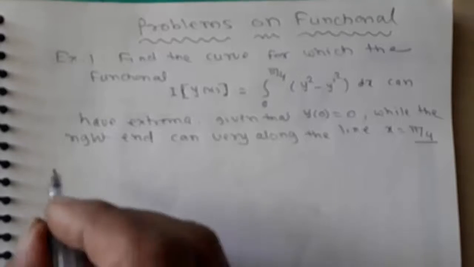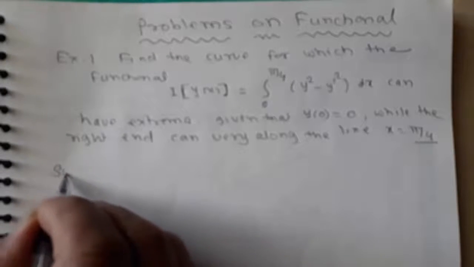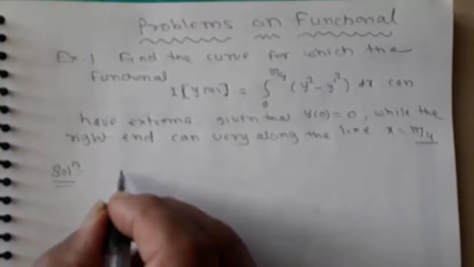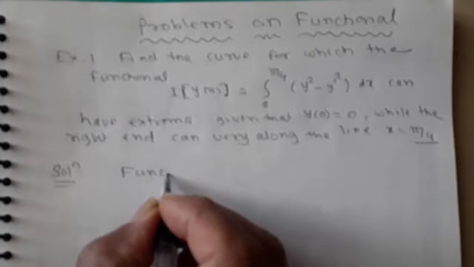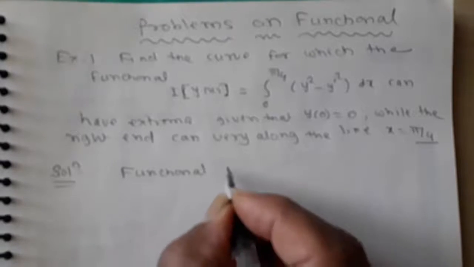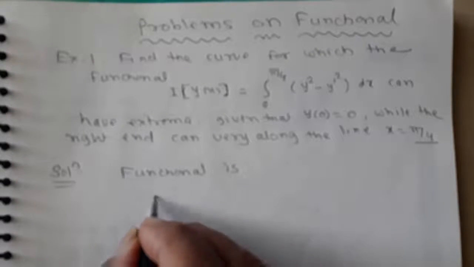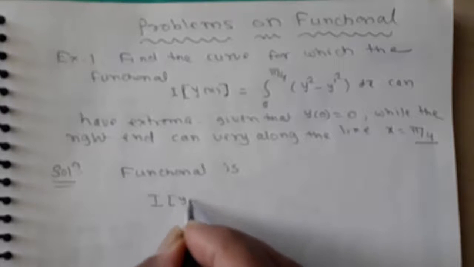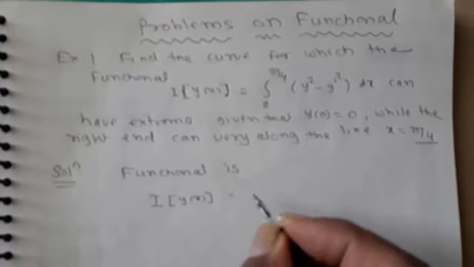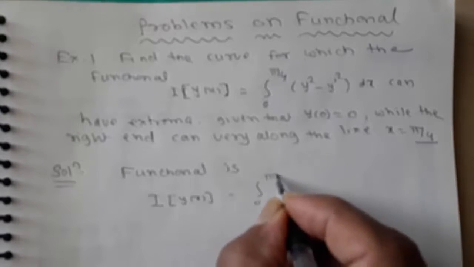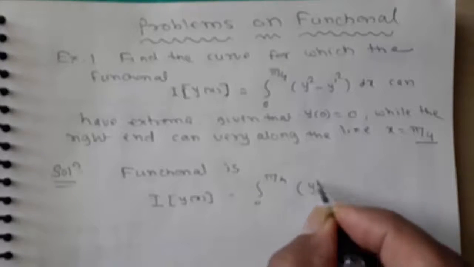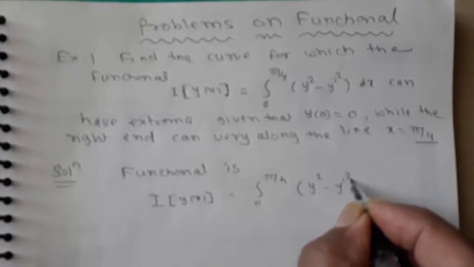Here the functional is given by I[y(x)] equal to integral 0 to pi by 4 of (y square minus y dash square) dx.